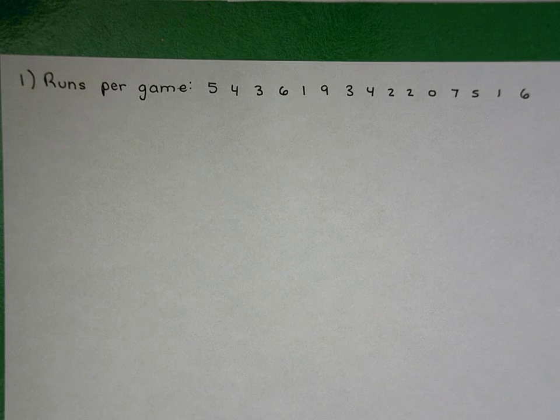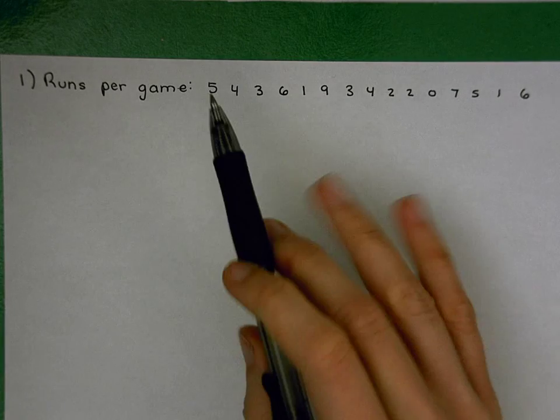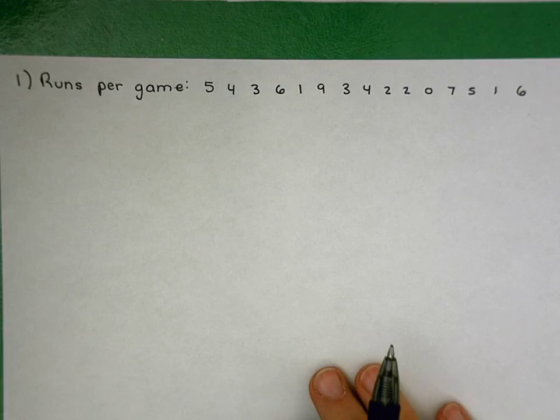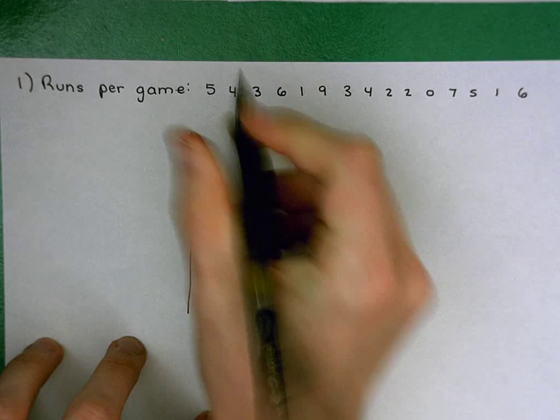Okay. Number 1, we are asked on the worksheet to use the data given to make a frequency table. We were given runs per game and then a series of data values, right? 5 runs per game, 4 runs per game, etc. So a frequency table consists of 2 columns here.